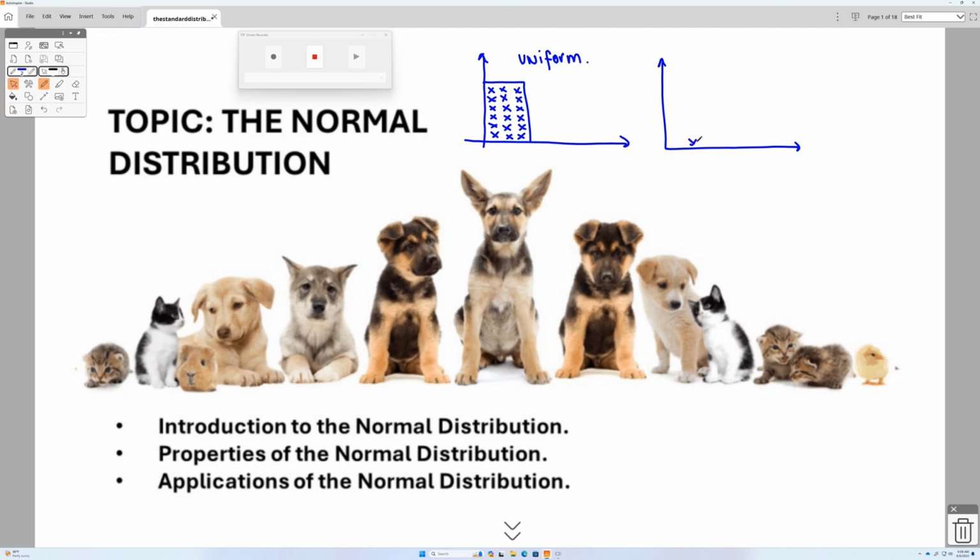Quantitative continuous data could have different forms: uniform, skew left, skew right, bimodal, or normal, among others.